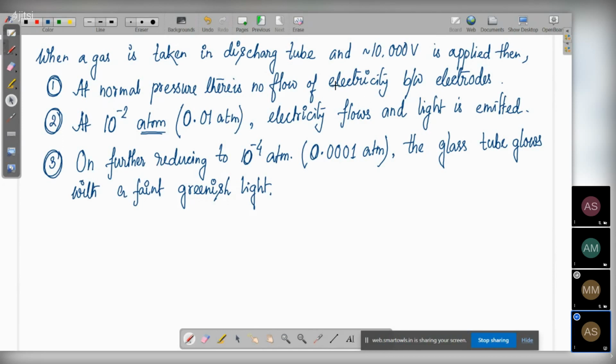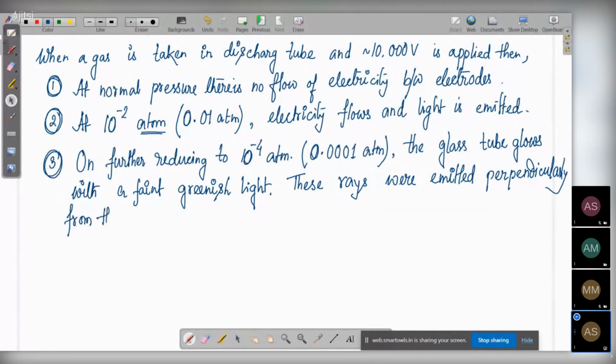So he explained that these rays were emitted perpendicularly from the cathode, because they are moving in a straight line, and travel in a straight line with high velocity.